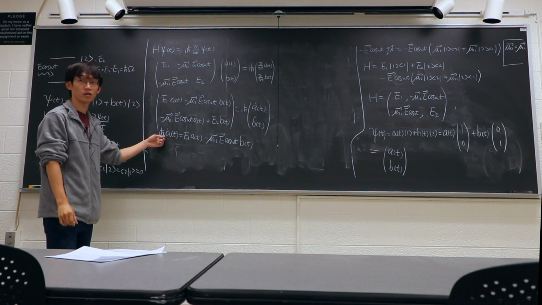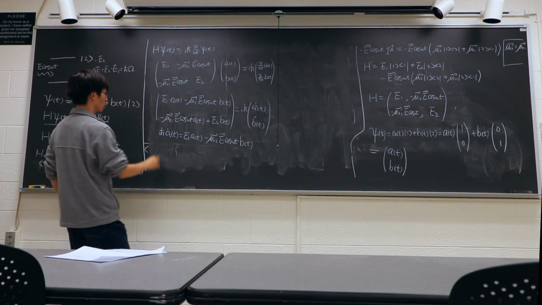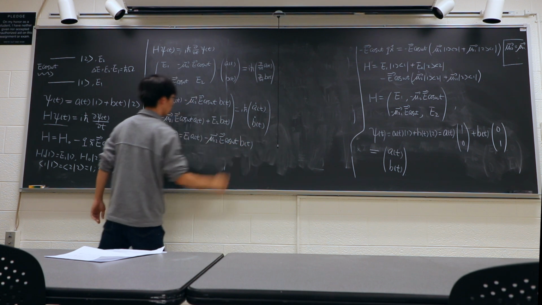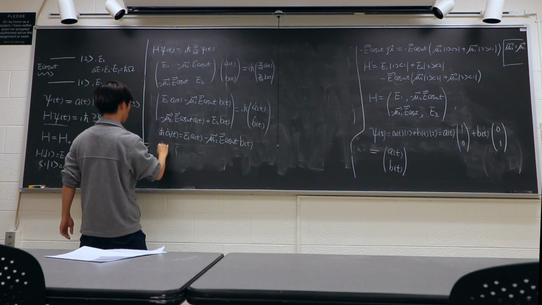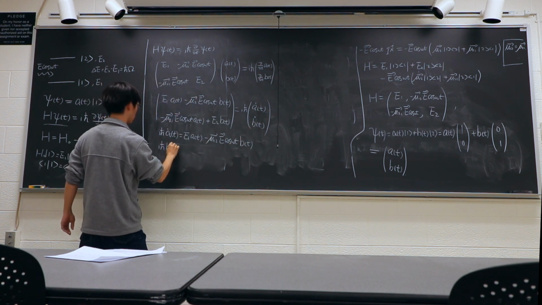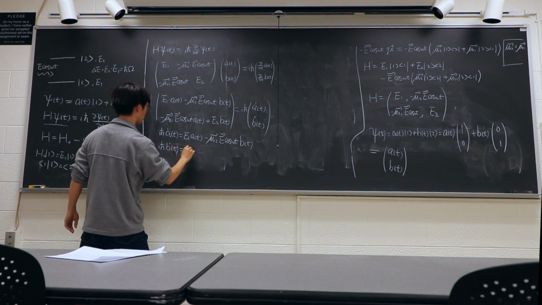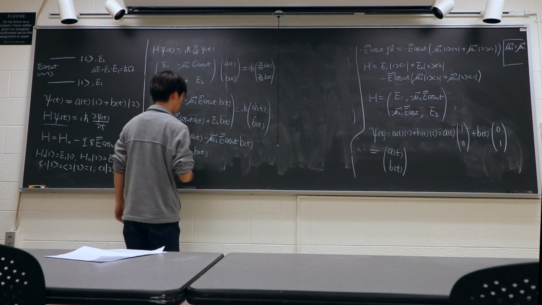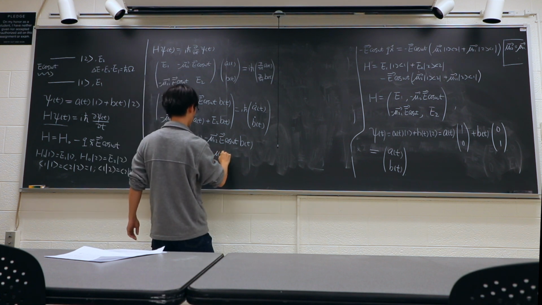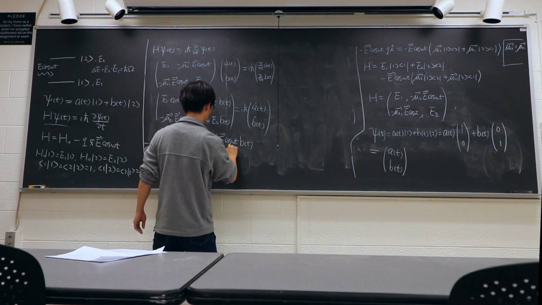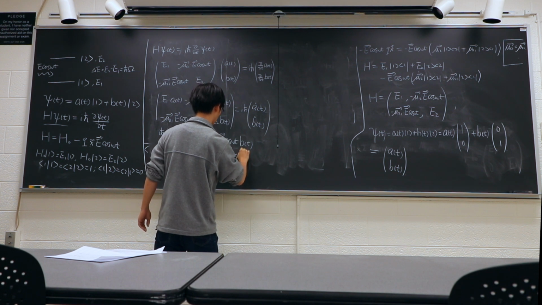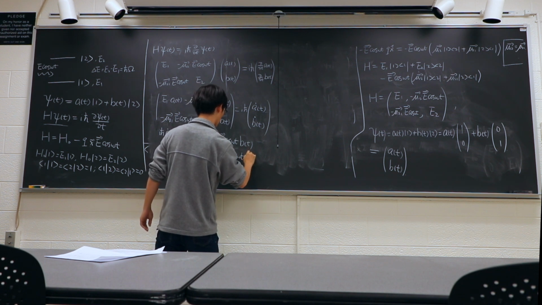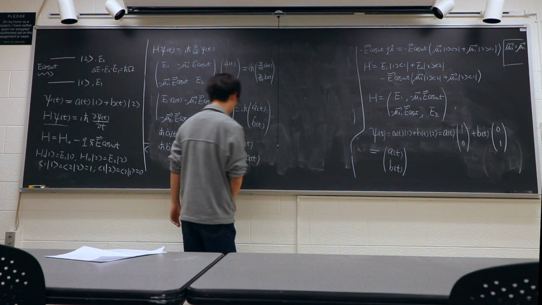So that's the first equation. The second one, these two numbers are the same: i h Bt equals E2 Bt minus mu 2 1 E cosine omega t At.